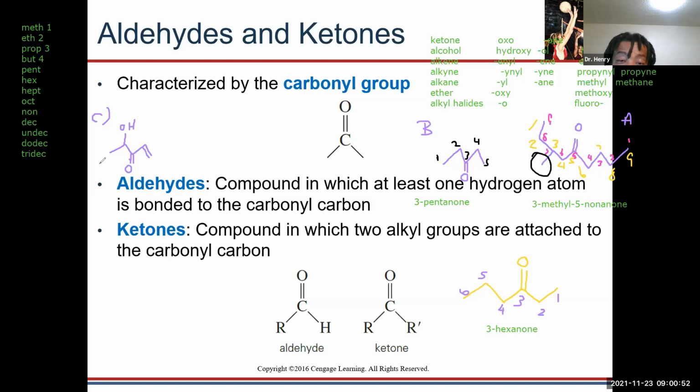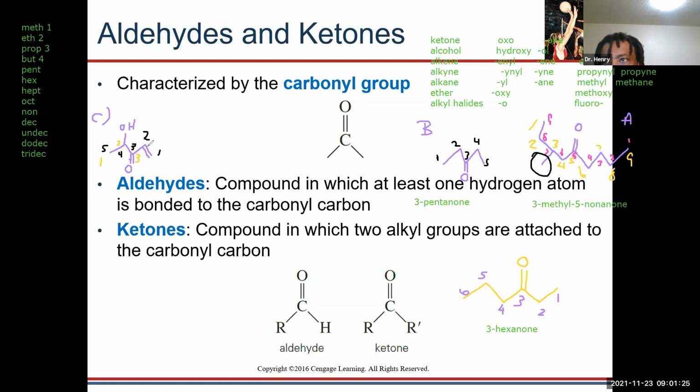It's a little tricky. It's taking in all of the other ones, right? So we want to count and we want to make sure they give our priority group, the one that has the highest priority, the lowest number. So if we count this way, that's 1, 2, 3, 4, 5. Okay, so if we go the other way, that's 1, 2, 3.